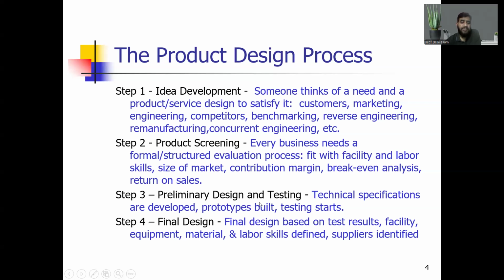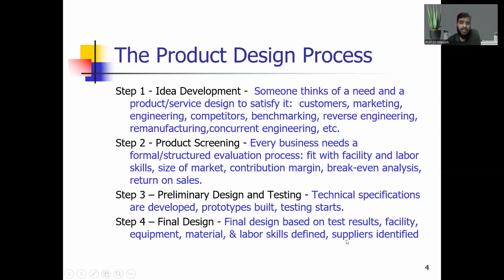And after testing, if all the criteria are all right, then the company goes for the final design. Final design is based on the test results. Facility, equipment, materials, labor skills are defined, suppliers identified.